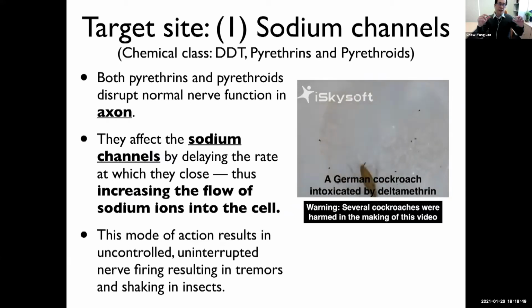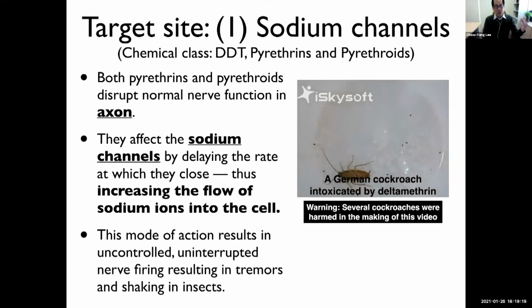Remember earlier that I showed the slide where the sodium channels are open and allow the sodium to move in. Once the job is done, the gate would close and there will be no more sodium coming in. But what happens with DDT and pyrethroids is they hold on to the gate and the gate remains open, allowing more and more sodium to flow in.